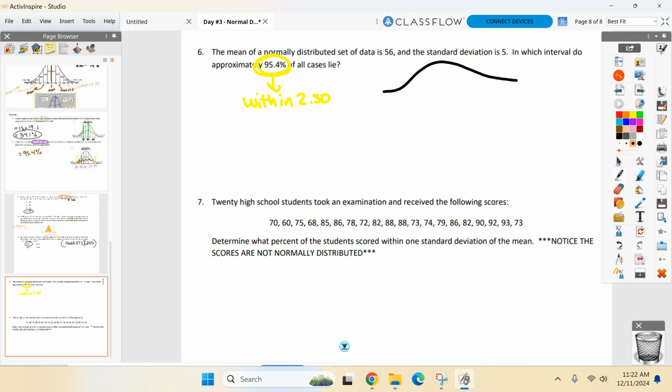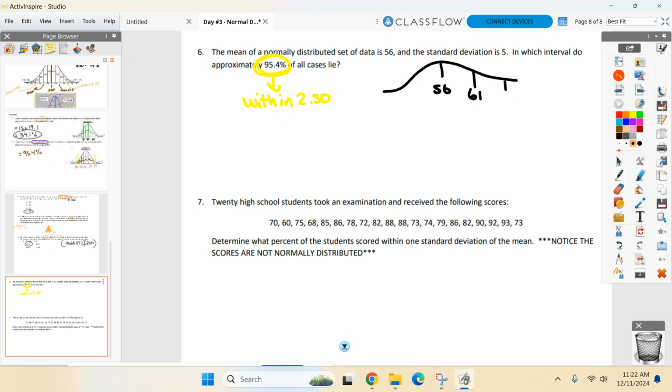What's in the middle? The mean, which is 56. All right, how do I go over 1 in the positive direction? Add 5. So that gives me 61, but that's one standard deviation.